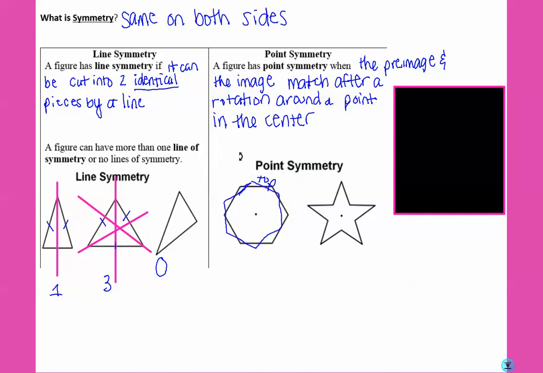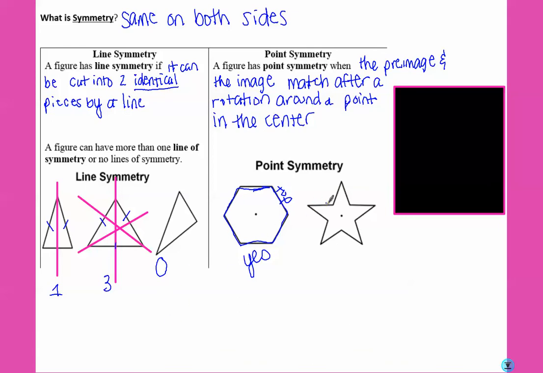We turn it. Now it's slid a little to the side, but it still lines up after I rotate it. So yes, this has point symmetry because I could keep rotating, and every time I rotated it, this line's going to keep matching up. Now I can do this on the computer. If you wanted to try this out on your paper, I would get a thinner piece of paper and trace it and then rotate it on top of your note sheet.